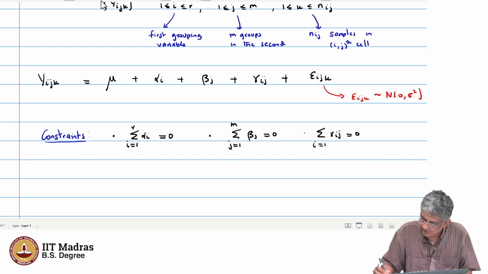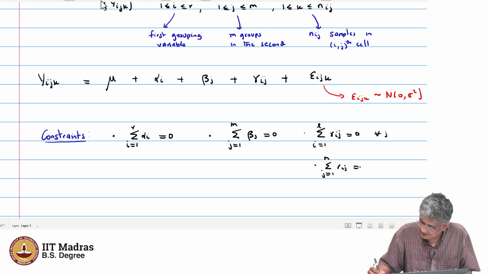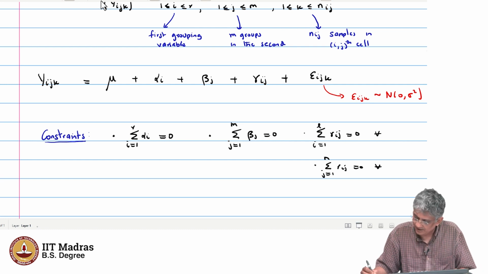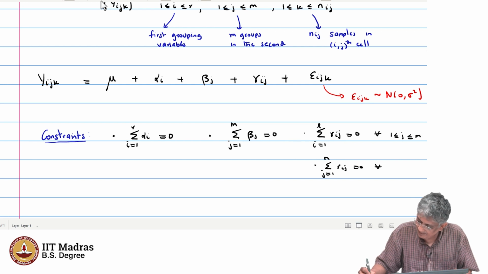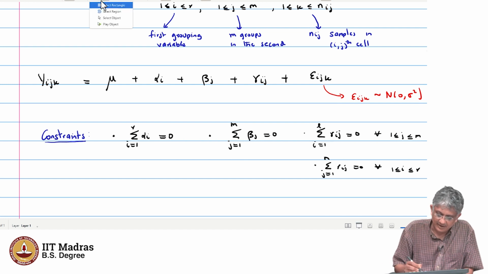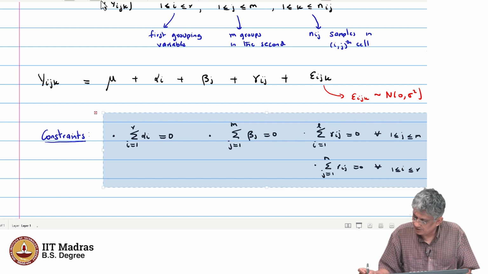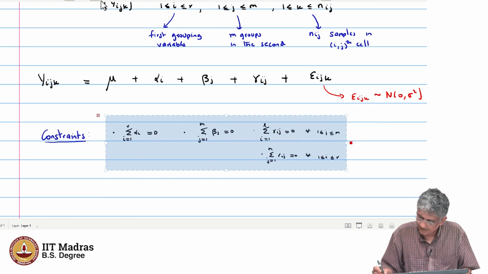So summation over i equal to 1 to R of gamma ij is 0 for all j, and similarly summation over j equal to 1 to M of gamma ij is 0 for all i. Let me write it precisely, with 1 less than or equal to j less than or equal to M, and 1 less than or equal to i less than or equal to R. Let me make it a little smaller so I can put it in one line.